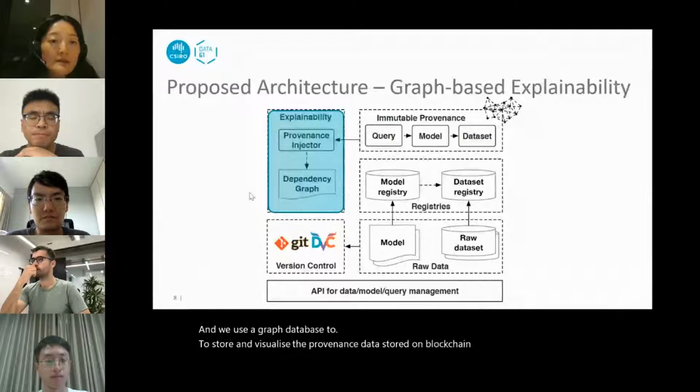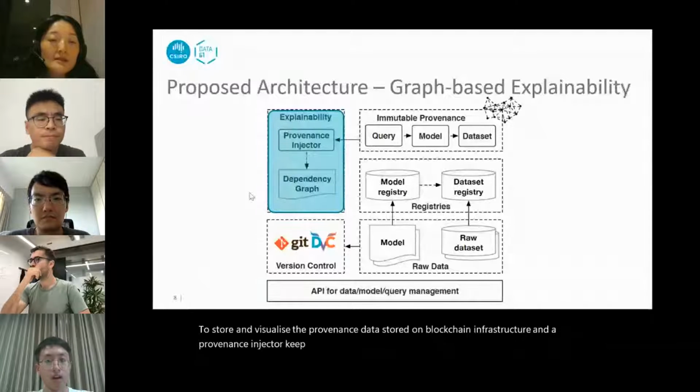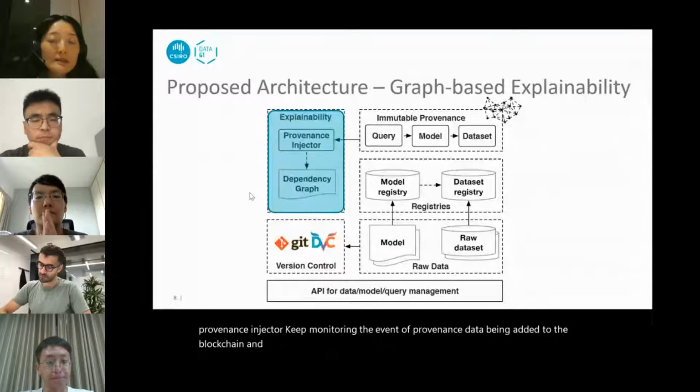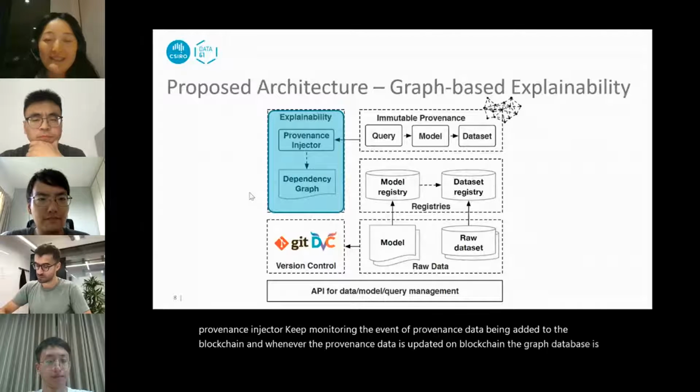A provenance injector keeps monitoring the event of provenance data being added to the blockchain, and whenever the provenance data is updated on the blockchain, the graph database is updated accordingly.